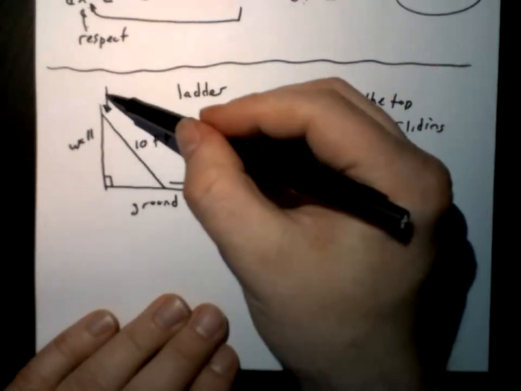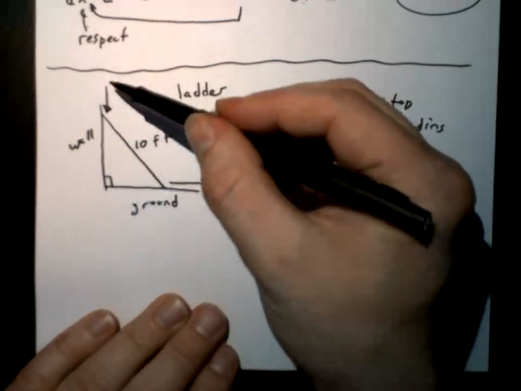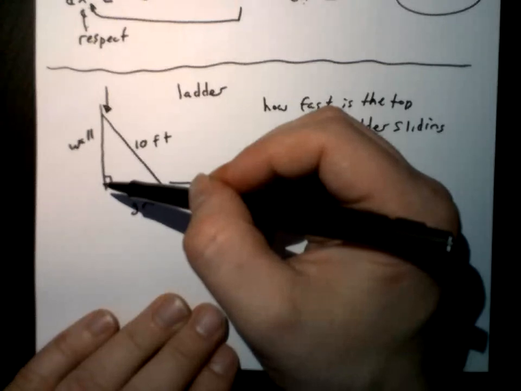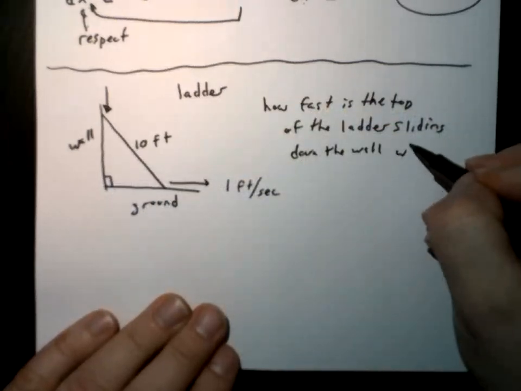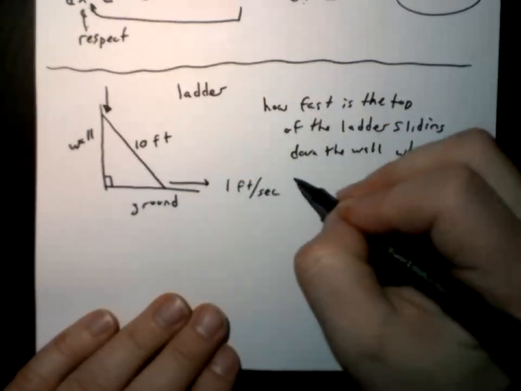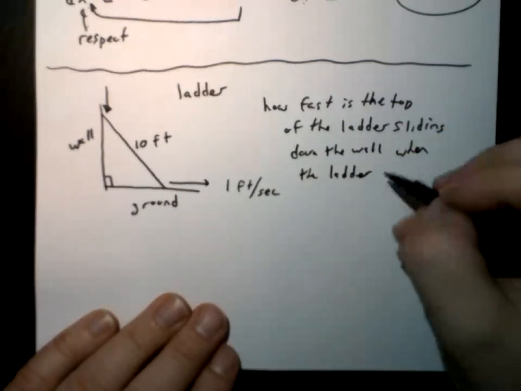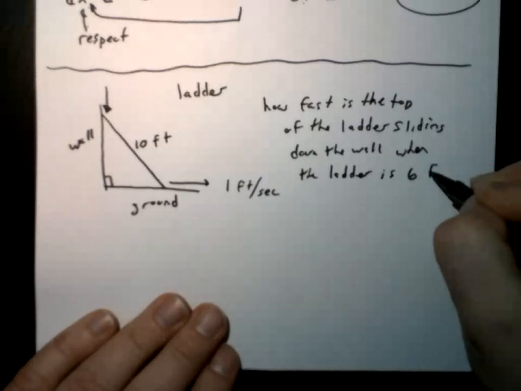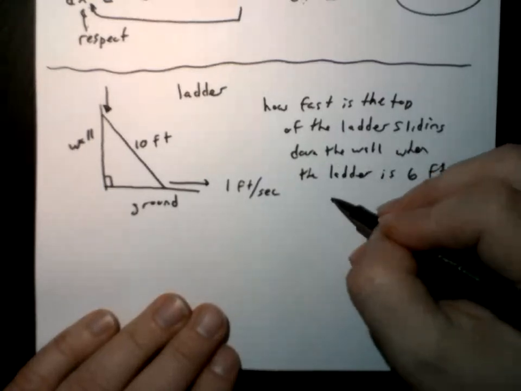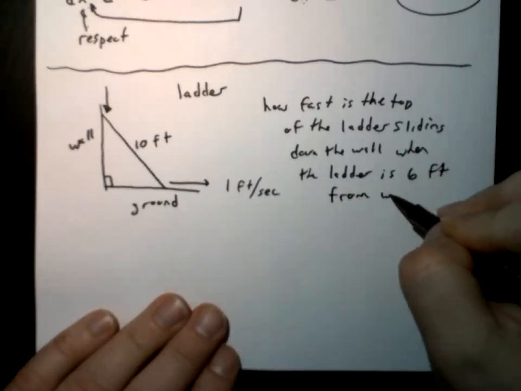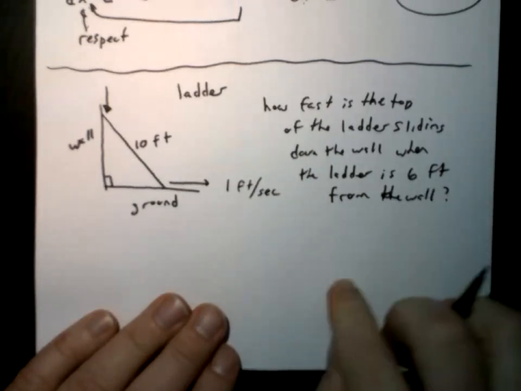So you're seeing how fast this is going down the wall when the ladder is 6 feet from the wall. That's our question.